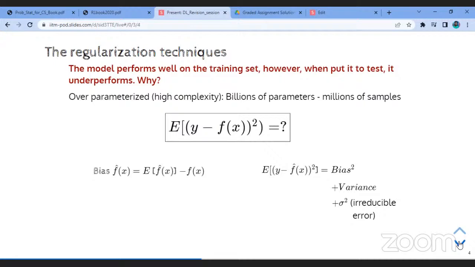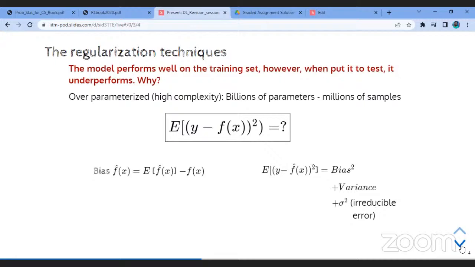We demonstrated all these things using simple examples of linear models and then polynomial models, and the same thing holds for deep learning models as well. The only difference is that it is a much more complex composite function.